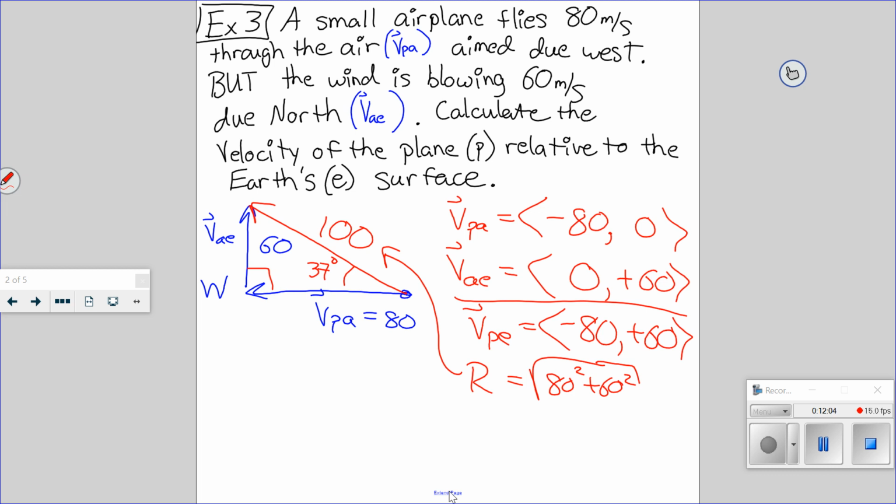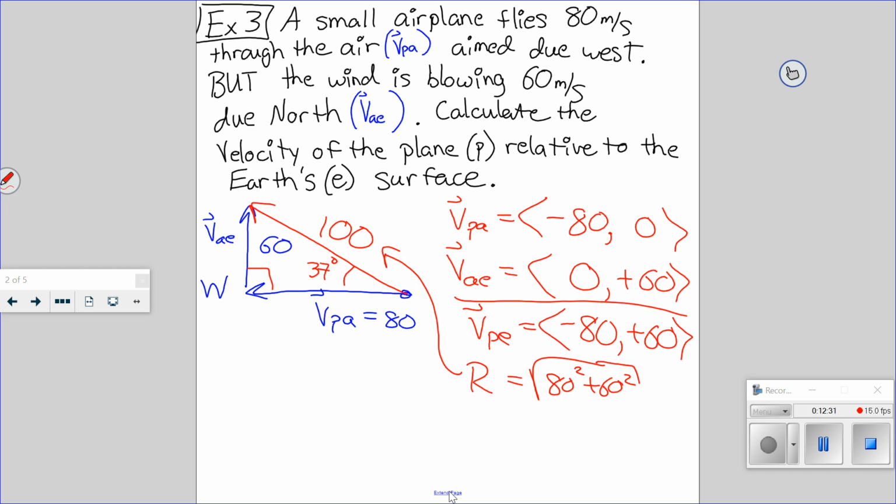So when you get a bunch of vectors, like in those first few problems, split them into x and y, just like we took v0 at 30 degrees and split it into x and y. Split everything into x and y, add x's to x's and y's to y's, and then if it just asks for a vector, guess what? That's a vector, x comma y, with pluses and minuses, hopefully with angle brackets to make it look nice.